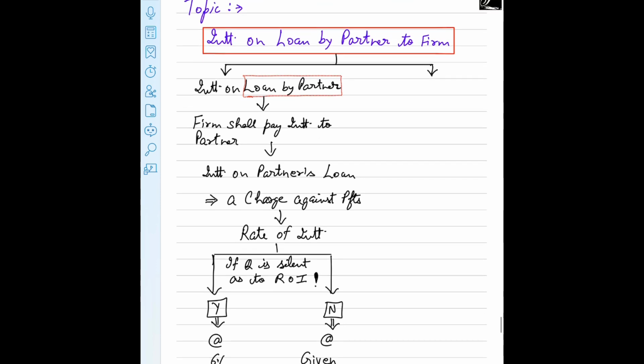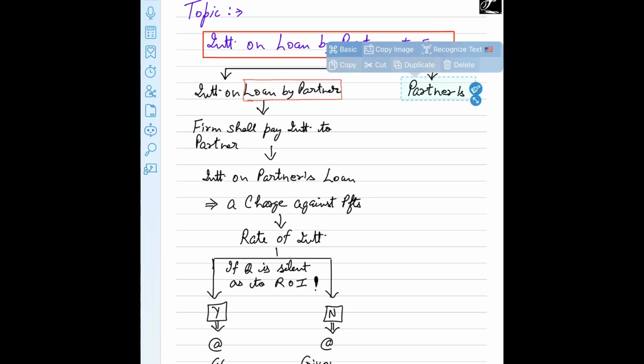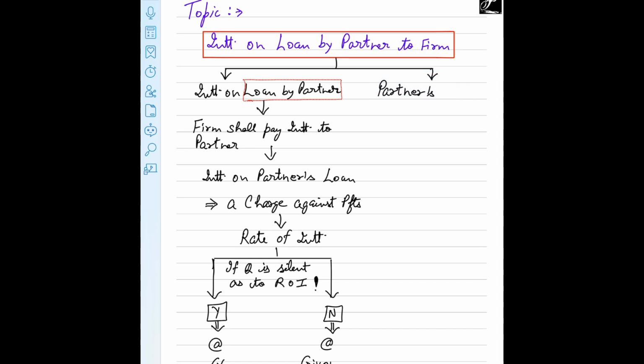The next thing involved in this topic is the loan itself: partner's loan account, or for clarity, loan by partner to the firm.